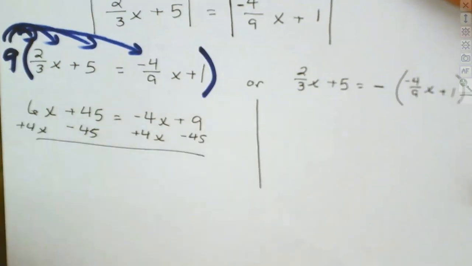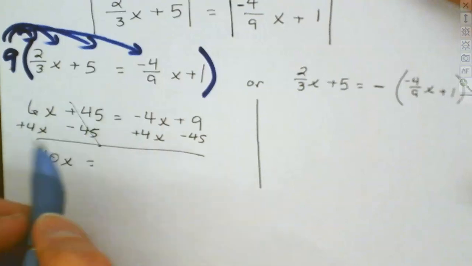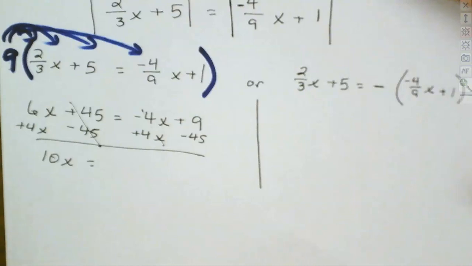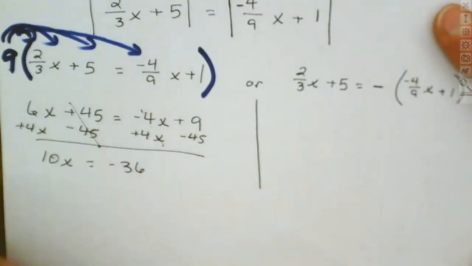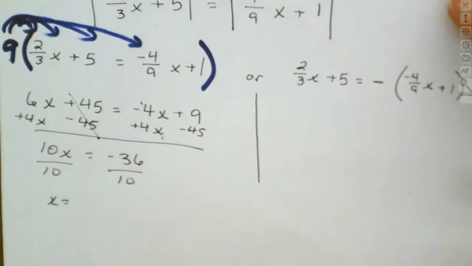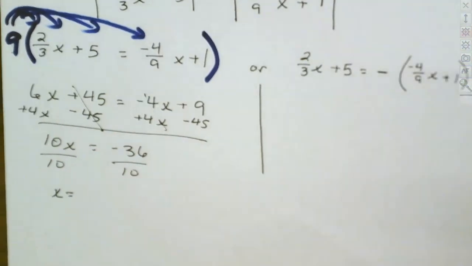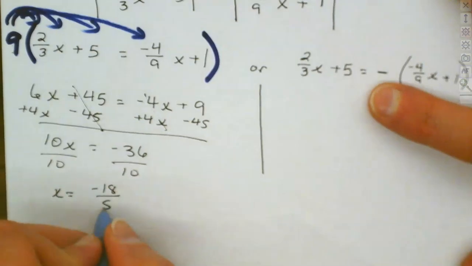So 6 and 4 makes it 10x. The 45s are gone. 4x's are gone. And 9 minus 45 should be a what? 36, isn't it? Right? 9 minus 45 gives you that 36. And it's a negative. We'll divide by our 10. Always make sure you reduce. These are both even numbers, so I know I can at least use a 2. So that's going to reduce down now to be a negative 18 over 5.